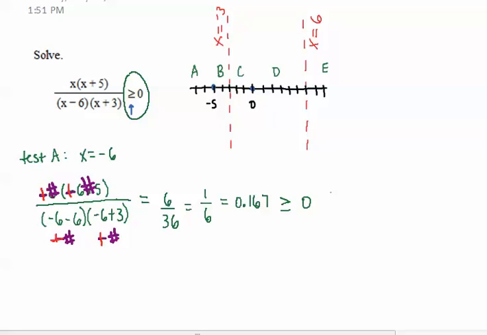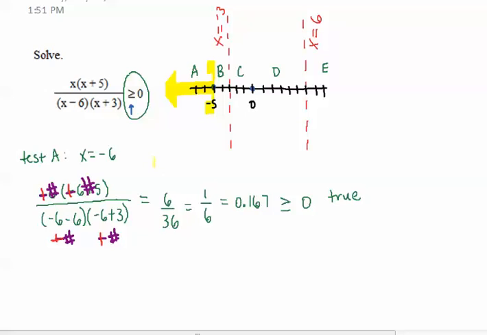So we say true right there, right? I'm going to start highlighting my true regions right now. So it's true from everything up to that point. What about on the left? Is it still going to be true the more negative we go? Yeah, absolutely. How about at the actual boundary? Well, that's where it's equal, so we're going to include the boundary. Does that make sense about the including part?